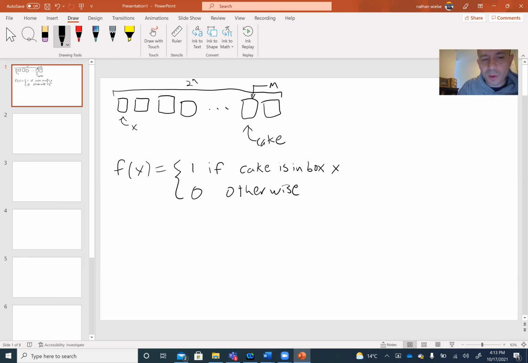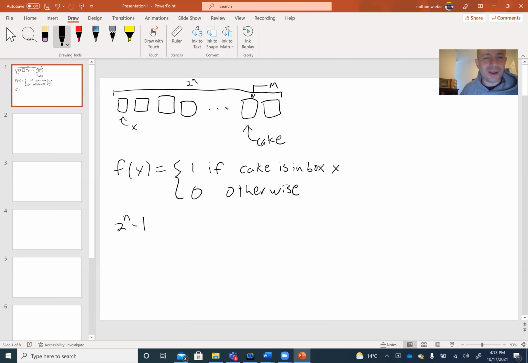Now, you can see pretty straightforwardly that the number of boxes that you actually need to check before you know the location of it is 2 to the n minus 1. Because if we're promised that the cake's in one of the boxes, worst case scenario, it's kind of like that old saying, right? If you lose your keys, it's always in the last place that you check.